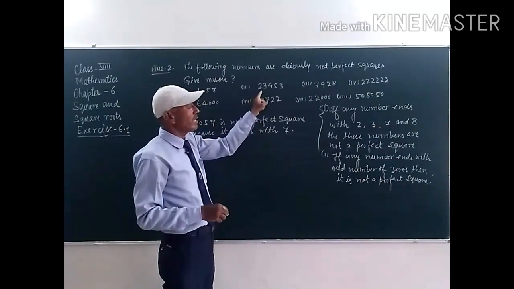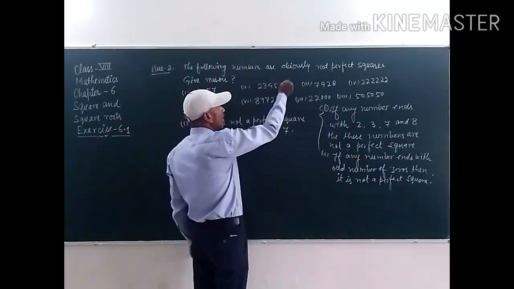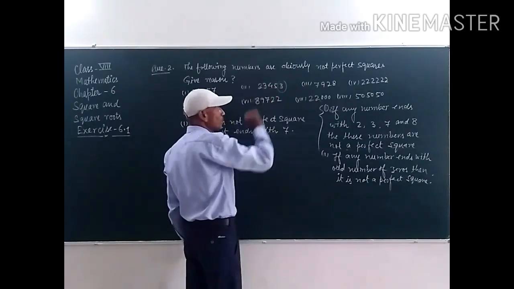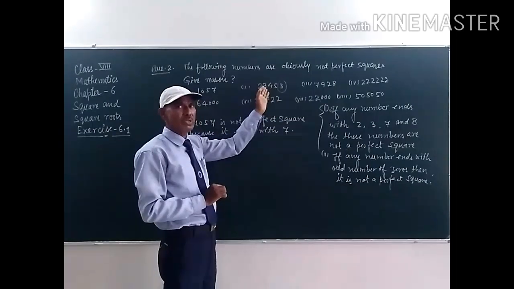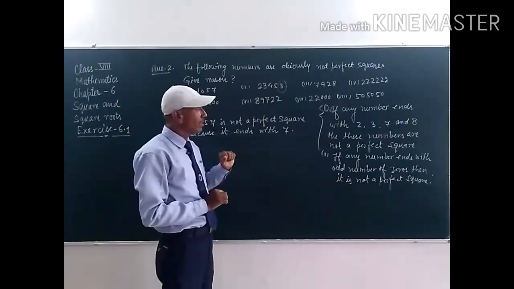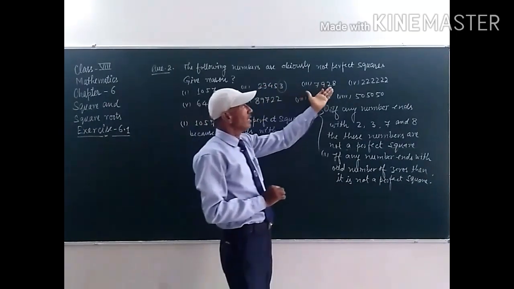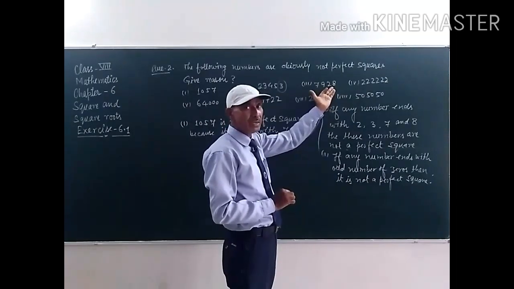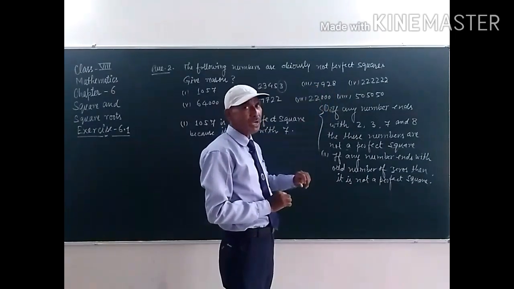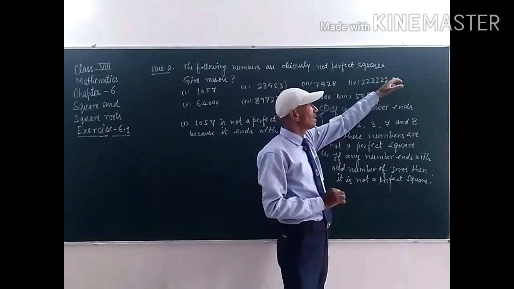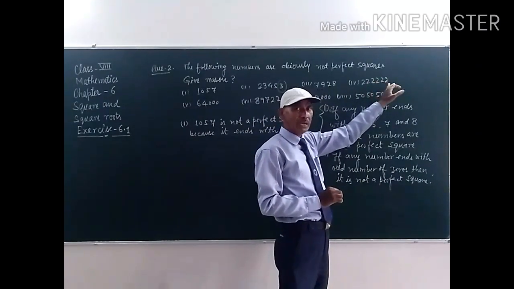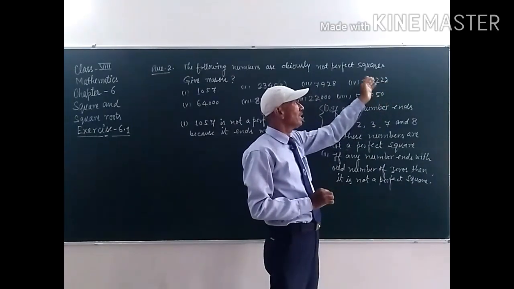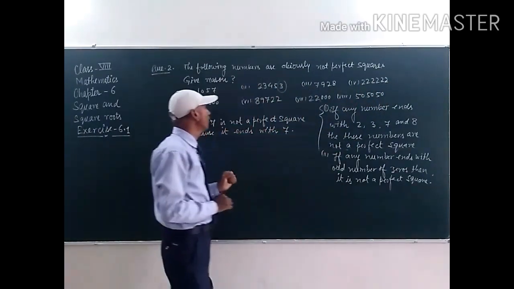And this number, unit digit of this number is 3, so it is not a perfect square. Clear? And in this unit digit is 8, so it is not a perfect square. Unit digit of this number is 2, or this number ends with 2, therefore it is not a perfect square.